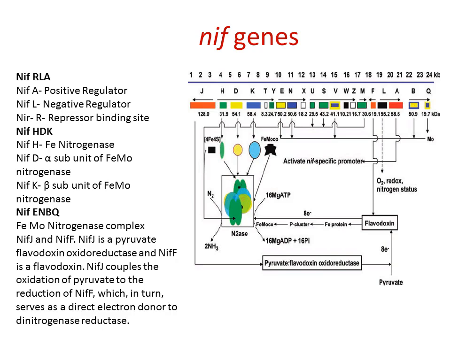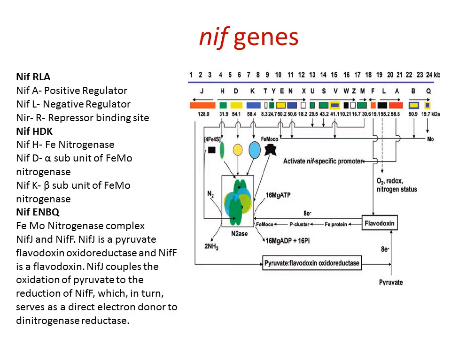There are important regulator genes called NIF-A and NIF-L. NIF-A is a positive regulator, which produces an inducer protein. Whereas NIF-L is called a negative regulator. It produces a repressor protein.